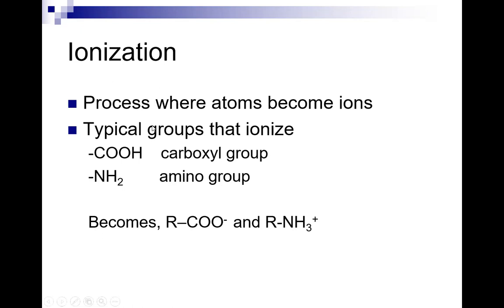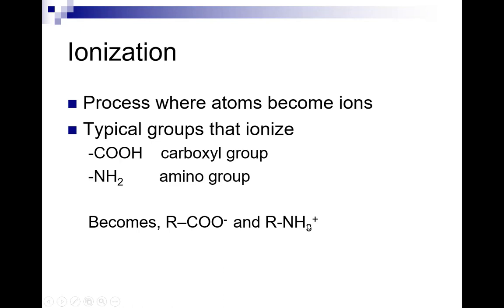Here, your carboxyl group, the dash means that it's attached to some other carbon containing chain usually. Here R is whatever that group is attached to. Sometimes when it attaches, it has lost one of the hydrogens. So you have a COO negative because it lost the hydrogen, which contains that proton.